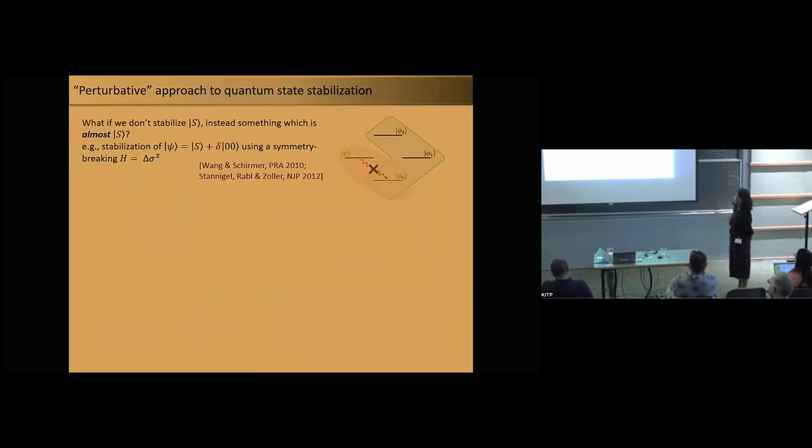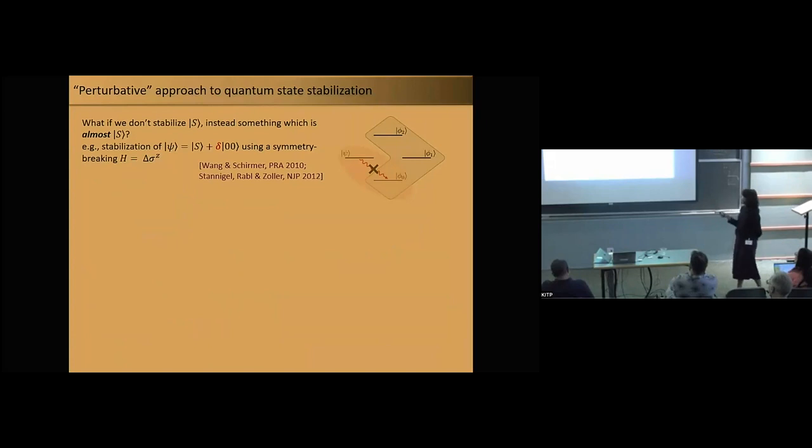People realized this problem early on, and the point was to take a perturbative approach to quantum state stabilization. It seems that it's hard to stabilize exact entangled states, so what if we stabilize something which is almost entangled?